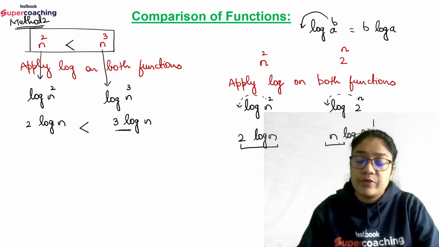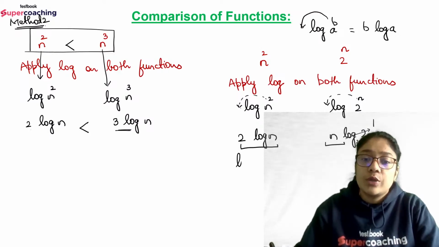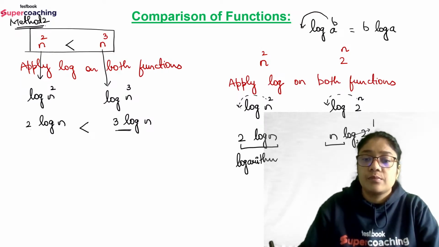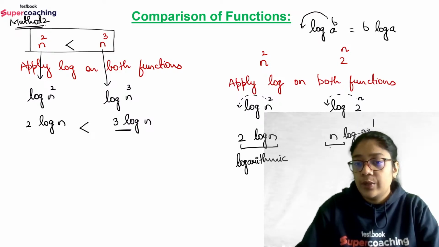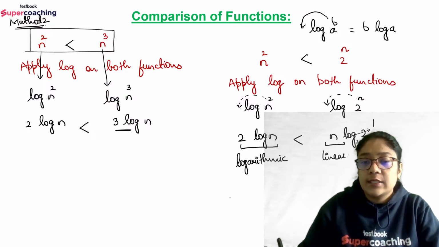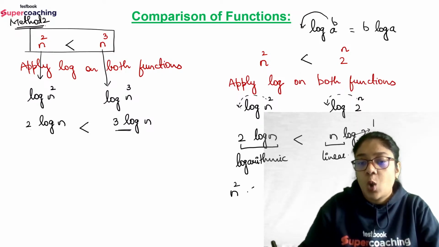Which has the greater growth? Obviously it's the linear function. So here we are getting a logarithmic function and here we are getting the linear function. Obviously the linear function is greater. So we got to know that n square is smaller than 2 raised to power n. Easy?